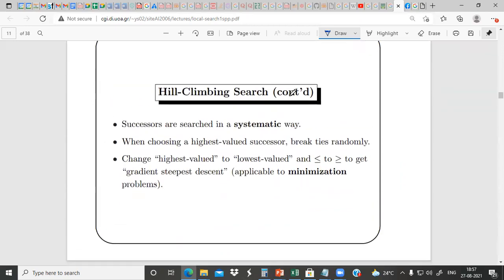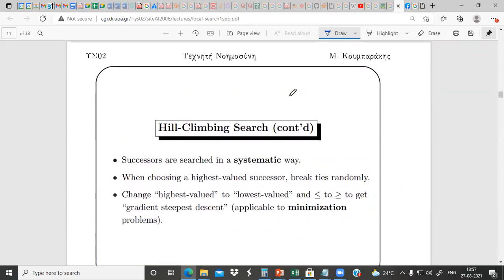So what are the advantages of the hill climbing algorithm? The successors are searched in a systematic way. When choosing the highest valued successor, in case of a tie, you can choose randomly. From the current state you identify the neighbors with the best value.